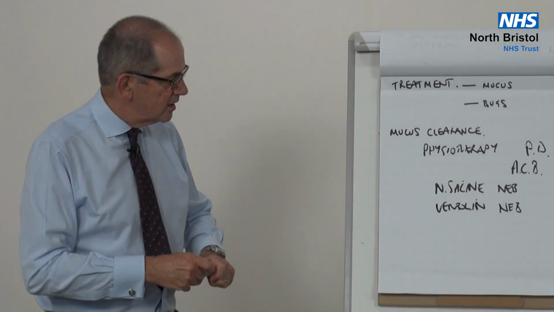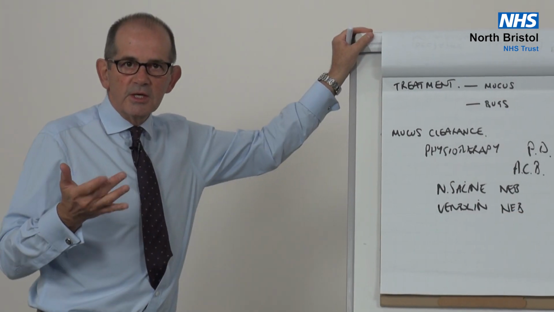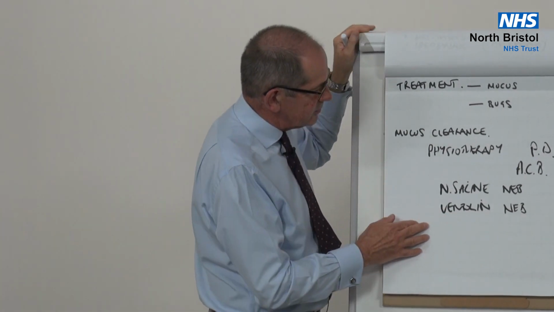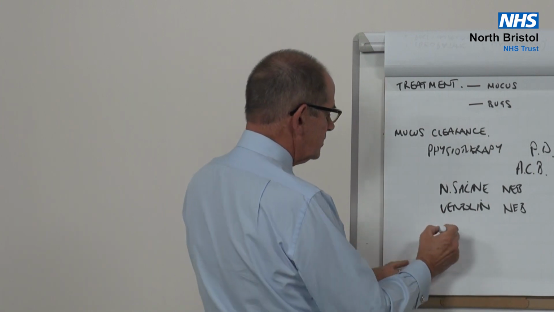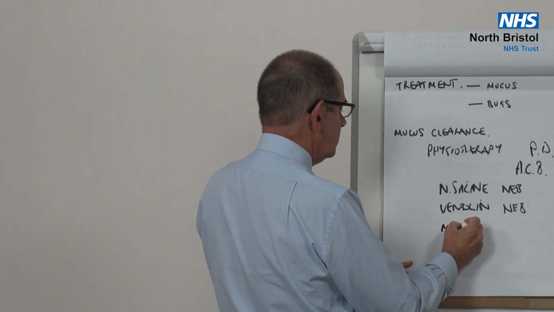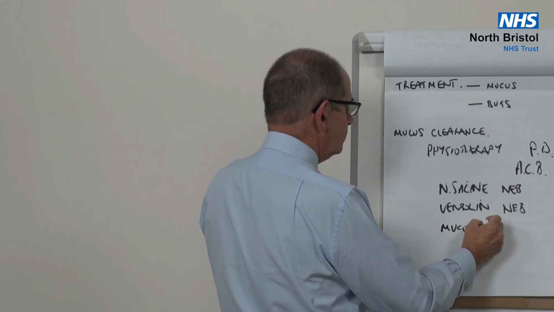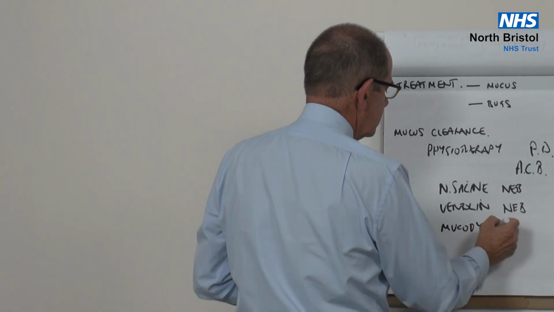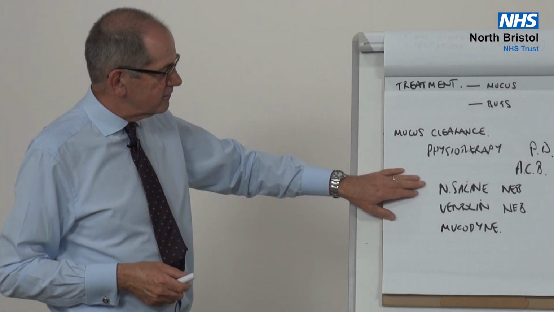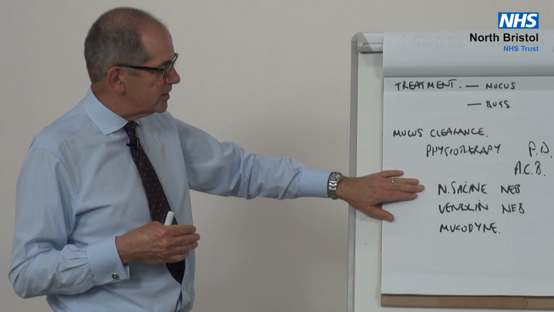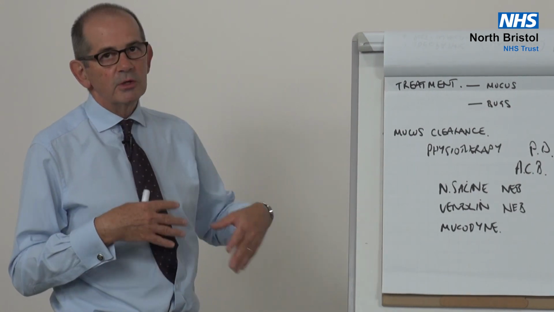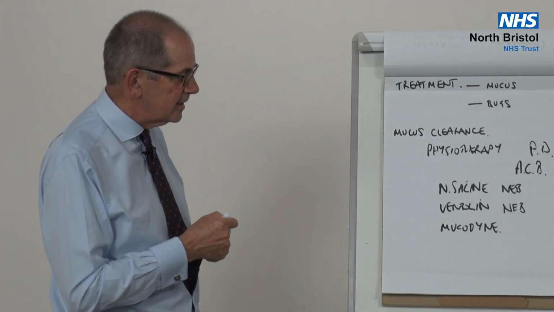And Ventolin not only loosens the sputum, but it makes those little hairs work a bit faster. So it encourages sputum clearance. And we sometimes use drugs that make the sputum less sticky. One of those is called Mucodyne. That's a tablet which you take, and that loosens the sputum. So there are a variety of physical therapies really, salty water, Ventolin and Mucodyne, which can all help loosen the sputum and make it easier to clear.